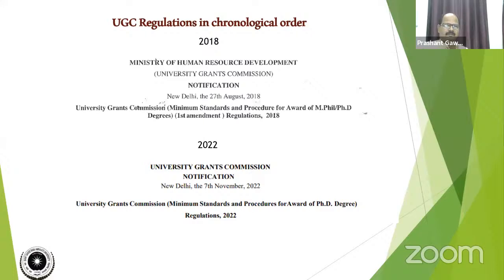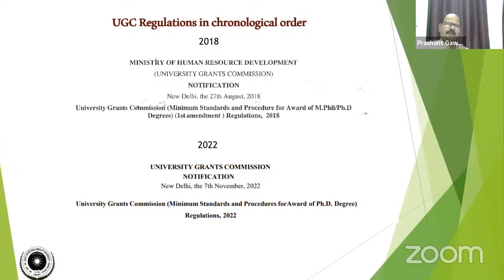After 2009, up to 2018, all the amendments were for MPhil as well as PhD through the entrance test. But after 2009, during 2016, there was one more incorporation by the University Grants Commission. The test was divided into two major components.